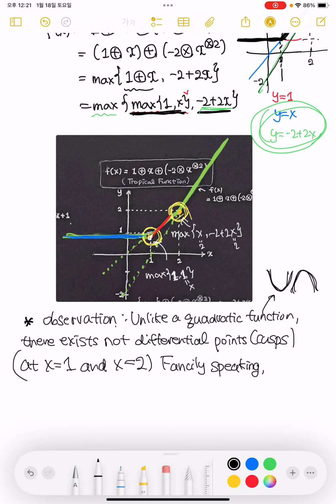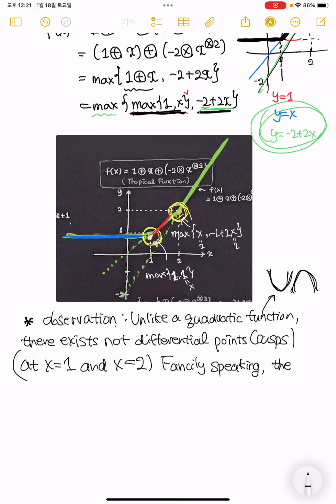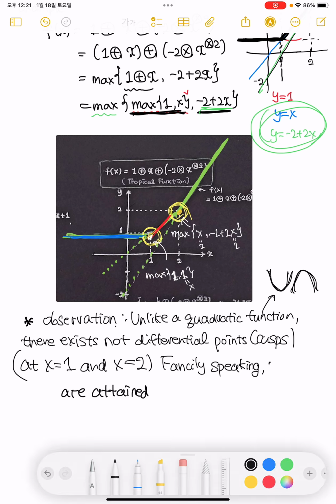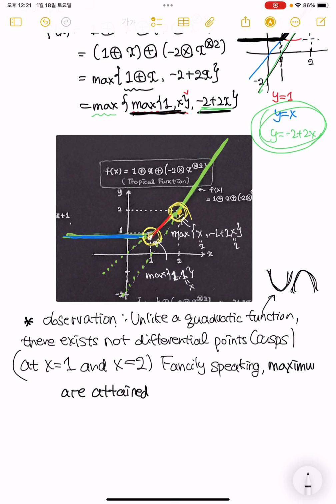So these cusps are points where the maximum is obtained twice.